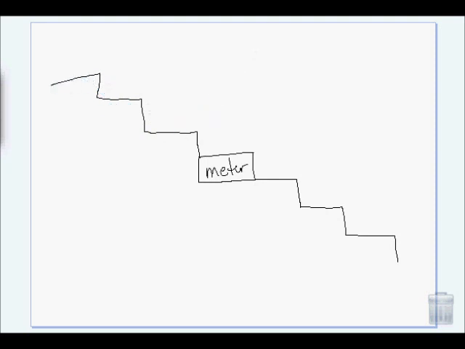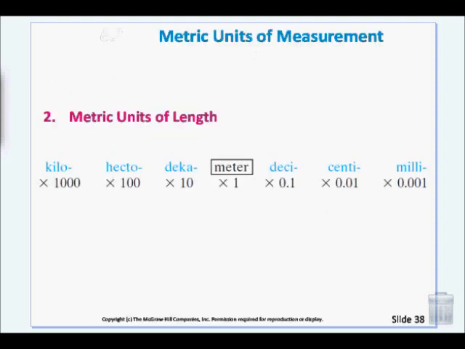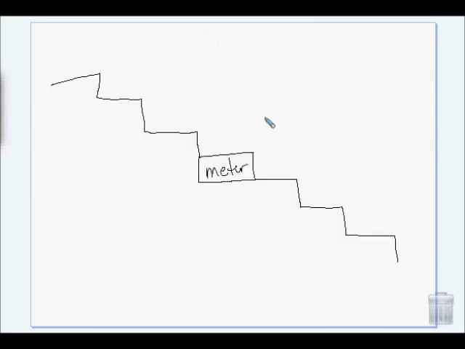I just want to double check deci, centi. So going down the staircase, I have deci, centi, milli. As I go down the staircase, I'm getting smaller. As I come up the staircase, I'm getting larger.